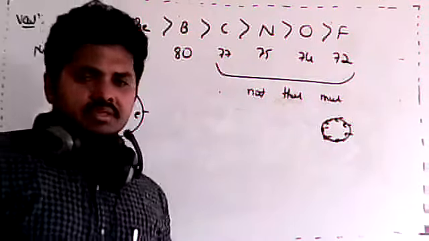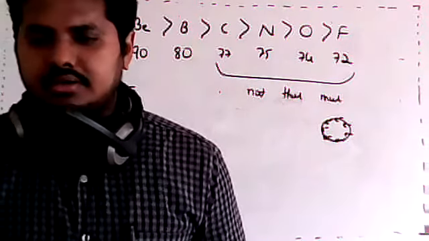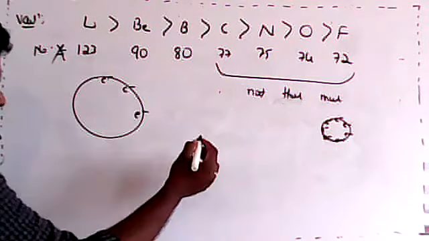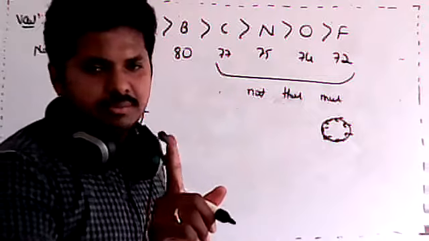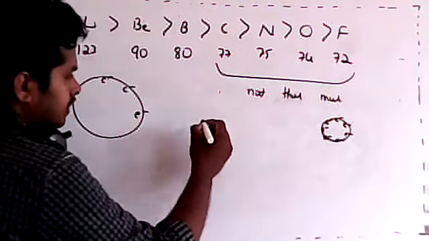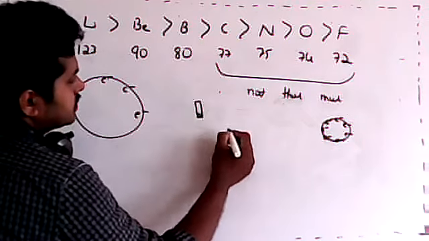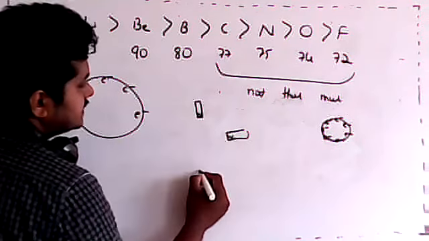See, imagine magnets here. All are facing towards the north pole. So this is north, this is north.